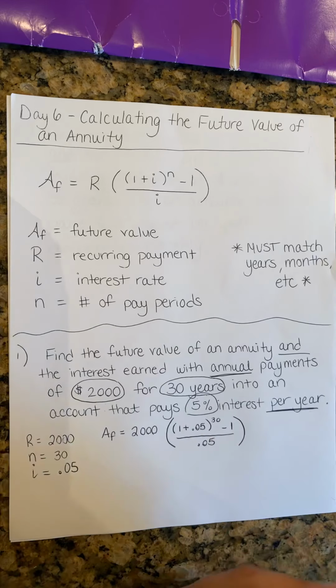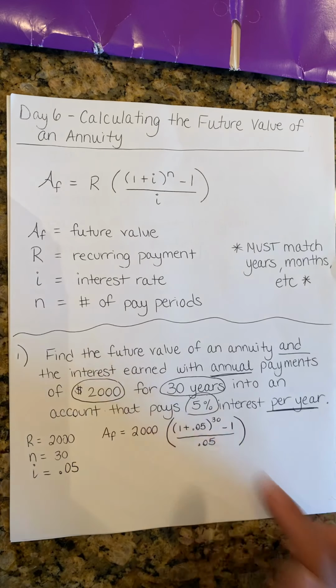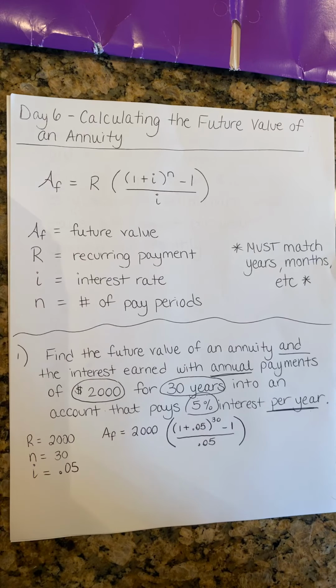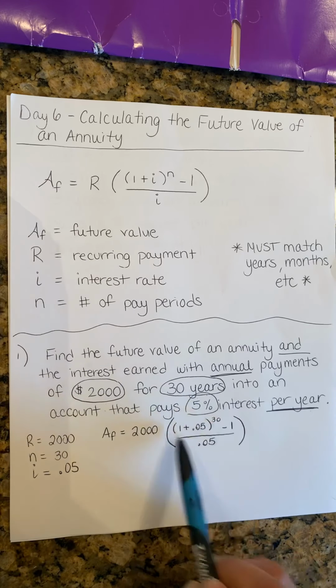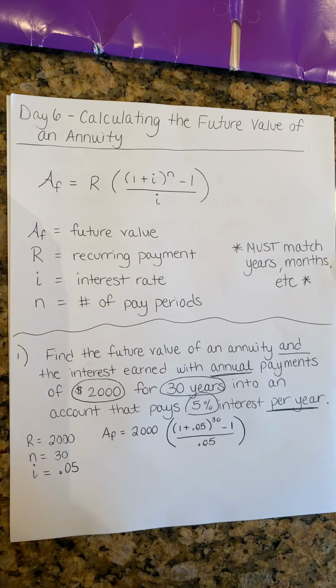Okay, so I'm going to kind of work inside. So I'm going to do 1 plus 0.05, which is this number. I'm going to raise it to the 30th power. Make sure it's in parentheses. Then I'm going to -1 from that number. So basically now I have the numerator, 3.32 dot dot dot.